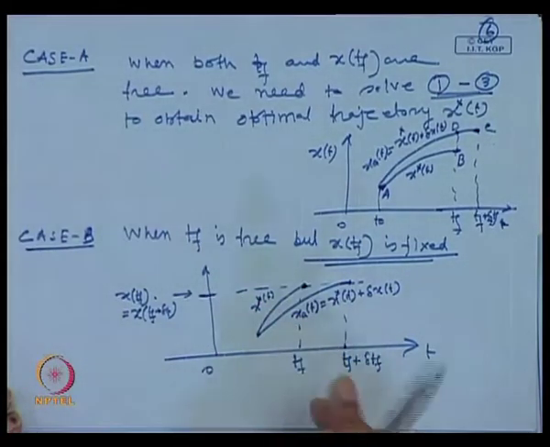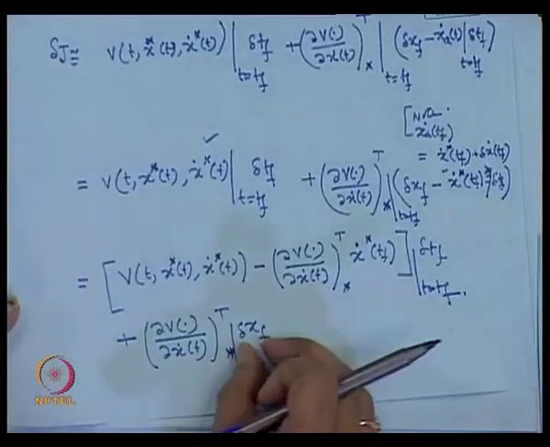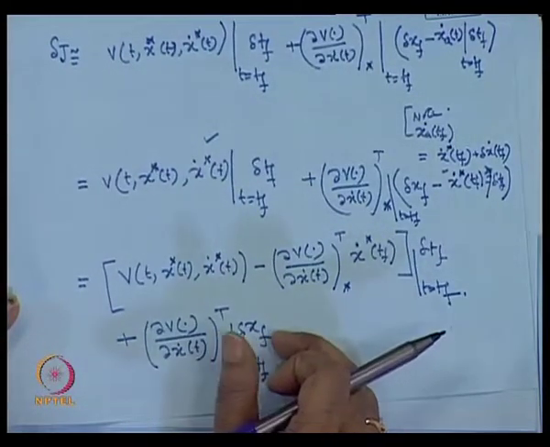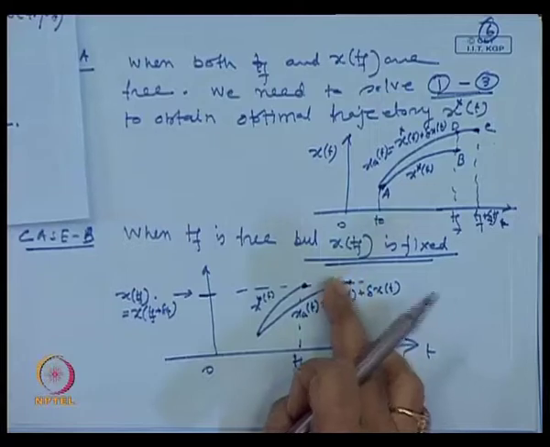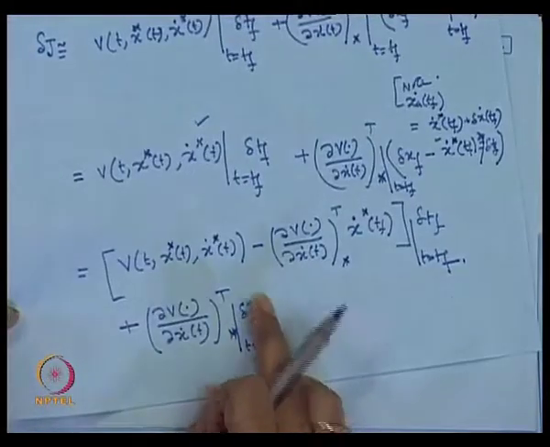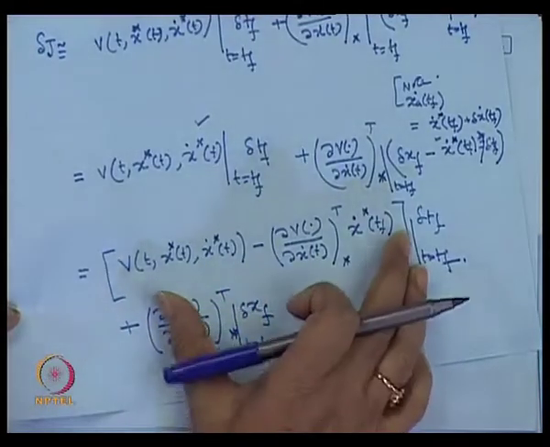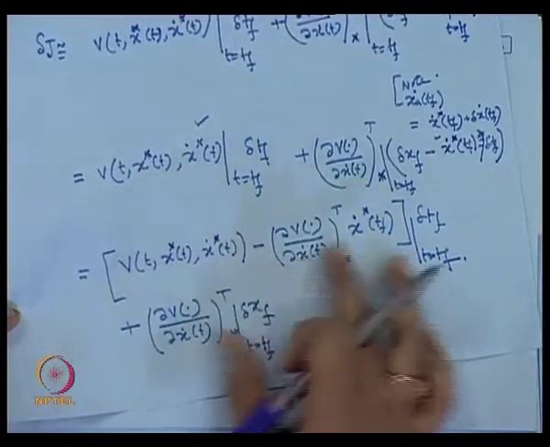So in this case, you see this condition: x of T f is fixed, so delta x of T f is 0. So this condition will not come into the picture, only this condition.